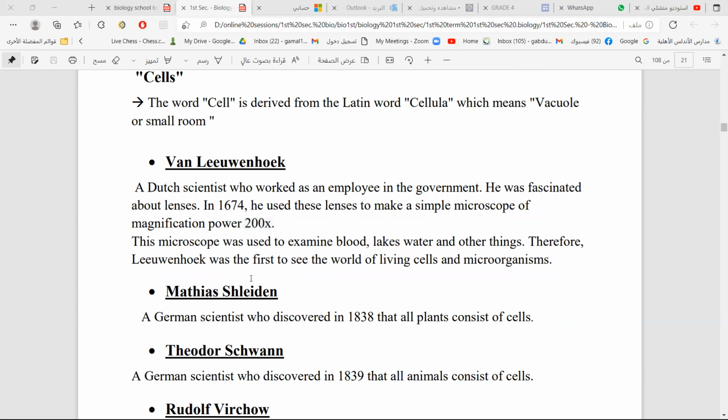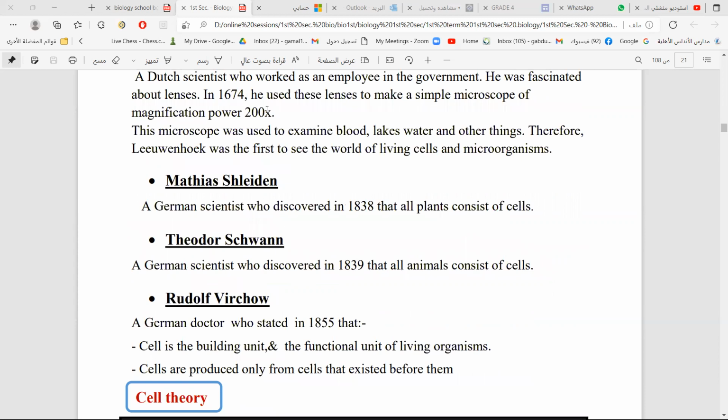After that, in the year 1838, another scientist called Matthias Schleiden said that all plants are made of cells.